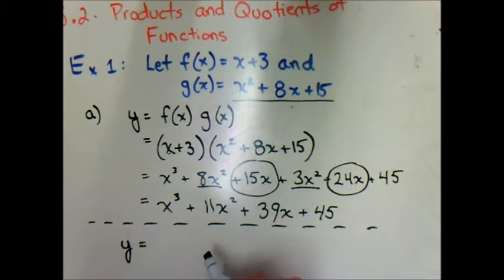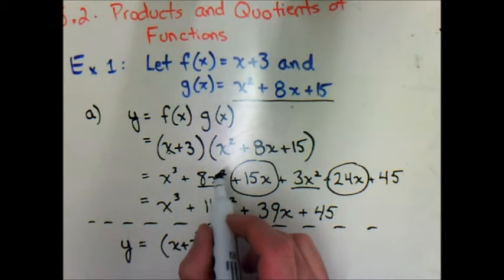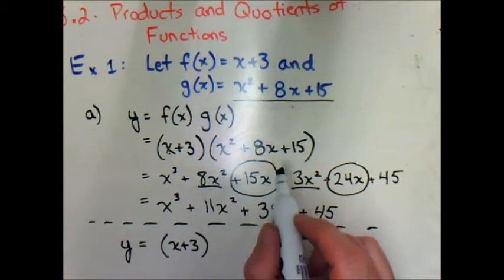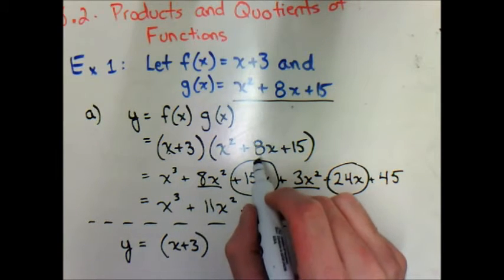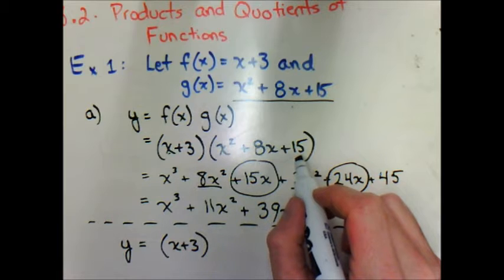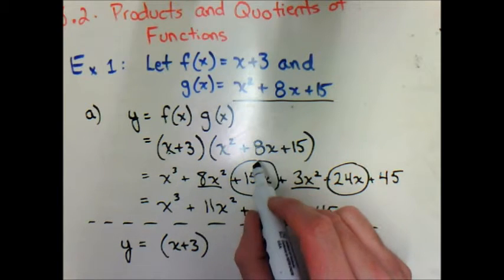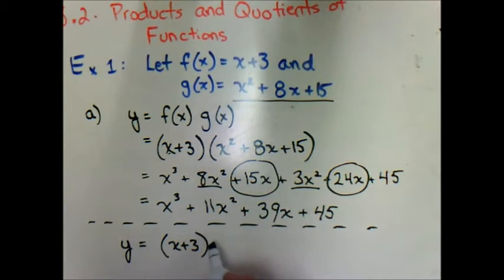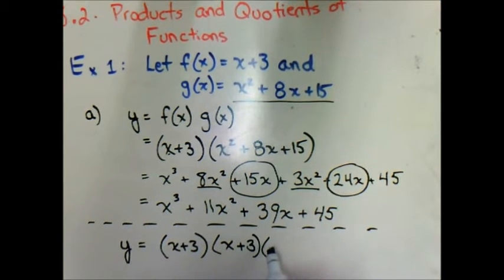Y equals x plus 3. That's f of x. And now g of x factored, I need two numbers whose sum is 8 and whose product is 15. Well, that's positive 5 and positive 3. So I have x plus 3 and x plus 5.